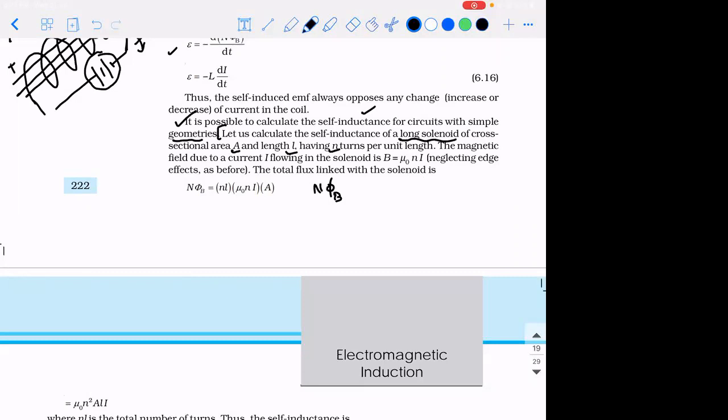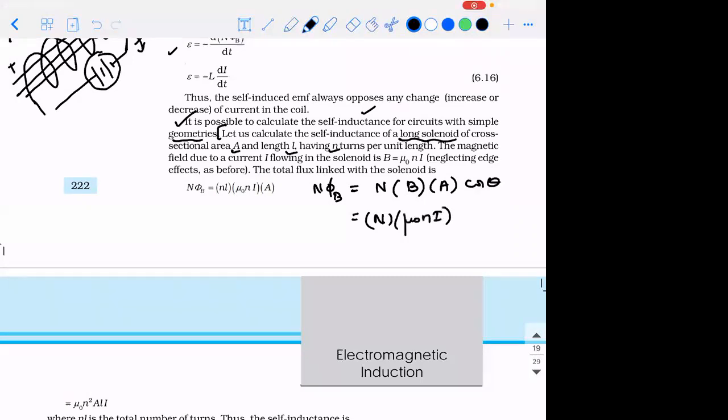What is the flux associated with this coil? Let's say it has capital N number of turns. Capital N times phi B is equal to capital N into, what is the formula for flux? B into A into cos theta, where theta is the angle between the magnetic field and the area vector. Capital N stays as it is. What is the value of B?